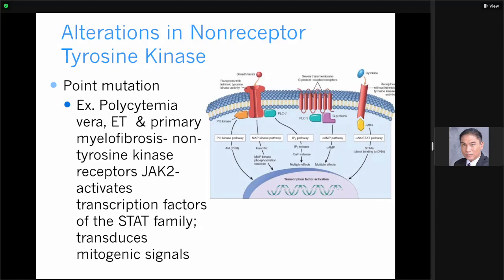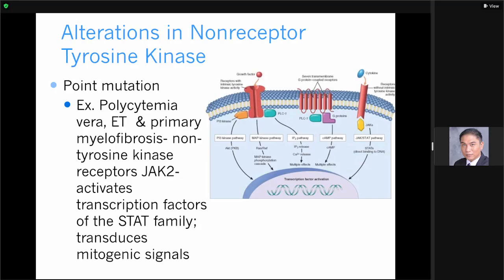So what is STAT? Signal transduction and activation of transcription. So it's both a signal transducing protein and a transcription factor.